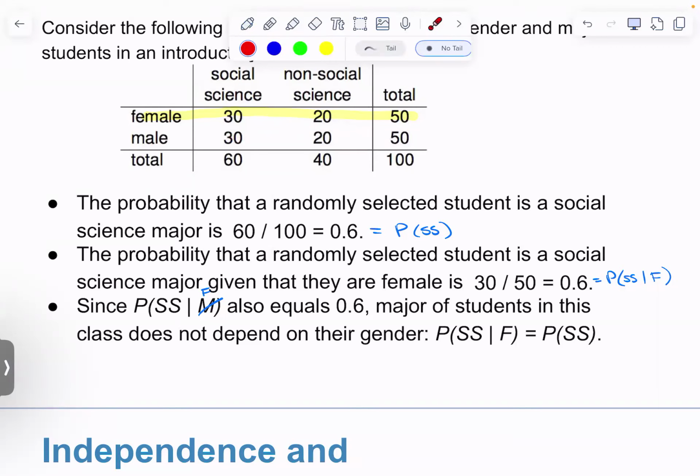They had the same distribution, 30-20, 30-20 out of 50, but let's just match up what we have. Because the probability of social science, knowing that they're female, is the same as the probability of being social sciences, that means that they're independent.